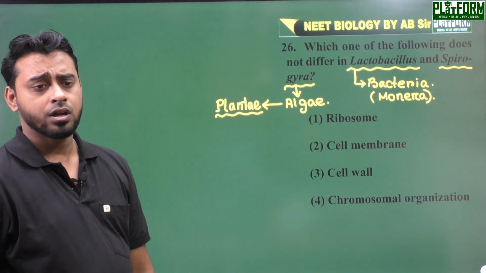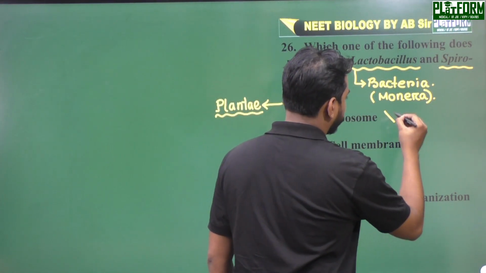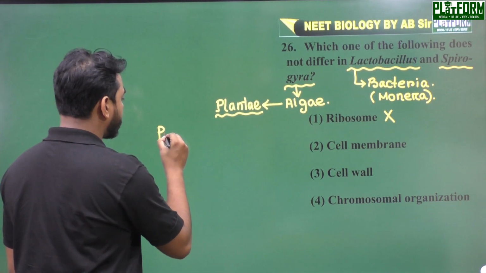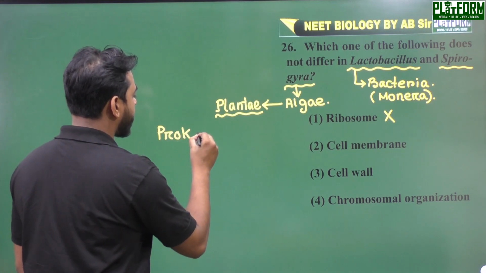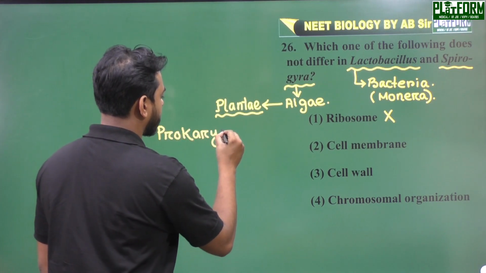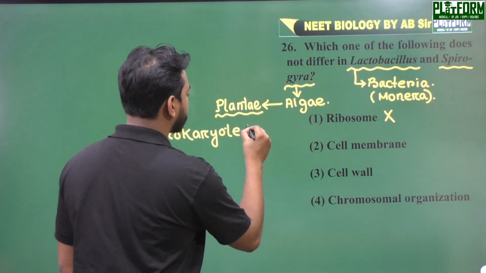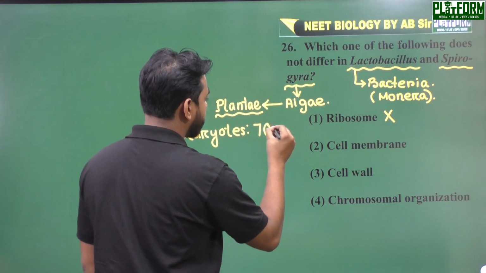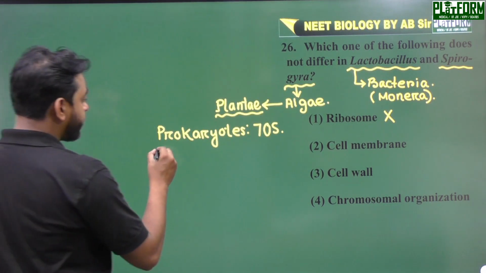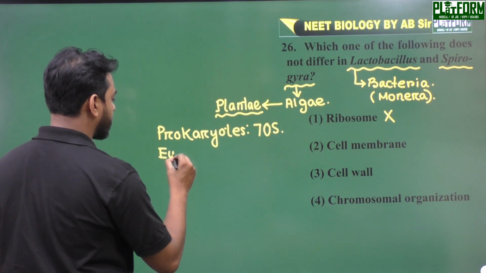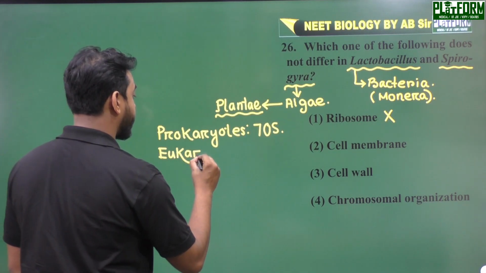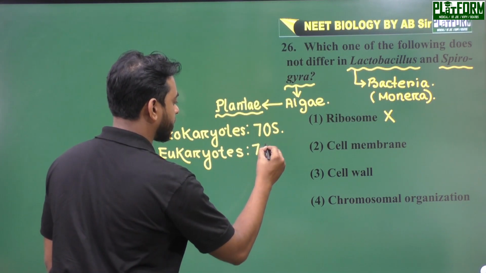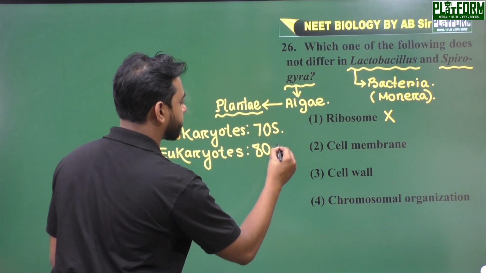Fine. Now it is not the ribosome, because we know that if it is a prokaryote, then the ribosome is 70S type, and if it is a eukaryote, then the ribosome is 80S type.